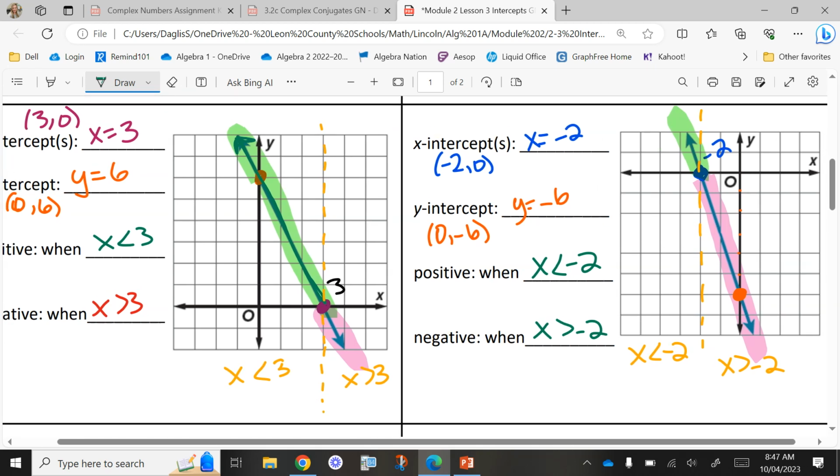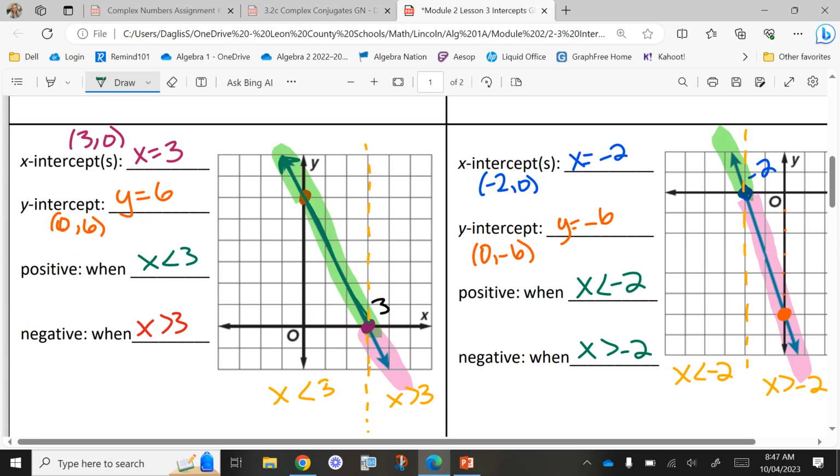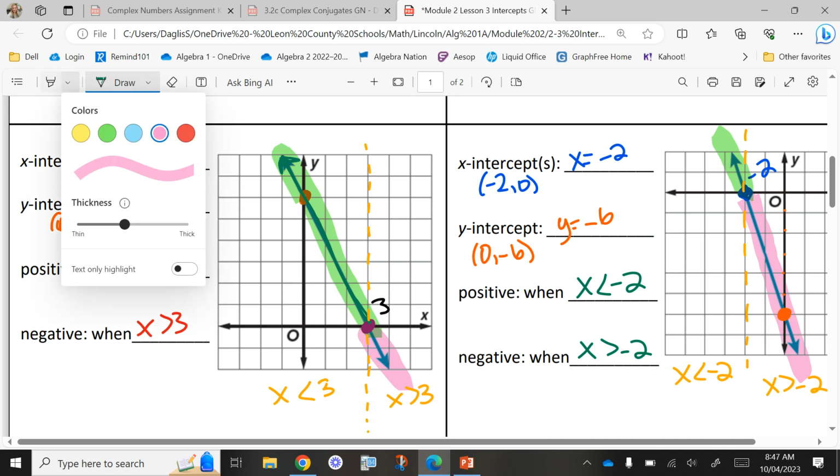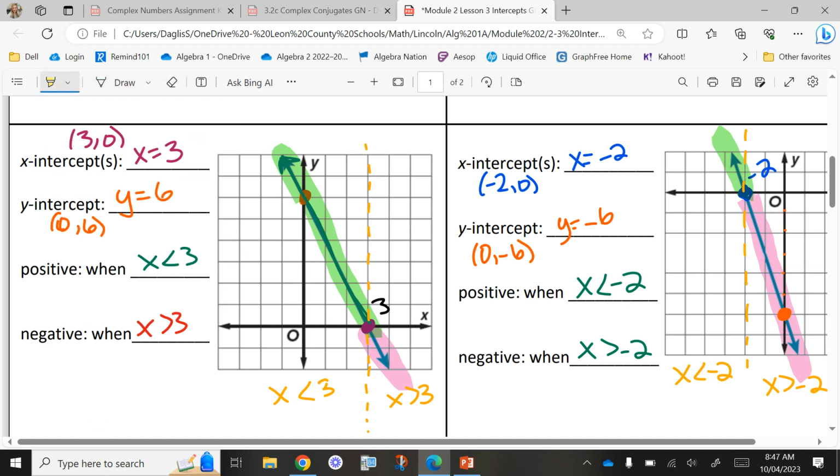Now I'm going to ask the question from before. Did the y-intercept help me with positives and negatives? Did the x-intercept help me with positives and negatives? Yes. See how they're the same thing? On our first example, our x-intercept was 3, and we used 3 for the positive negative.